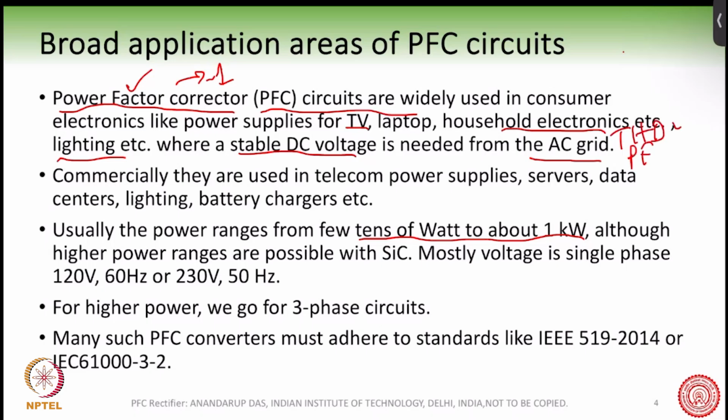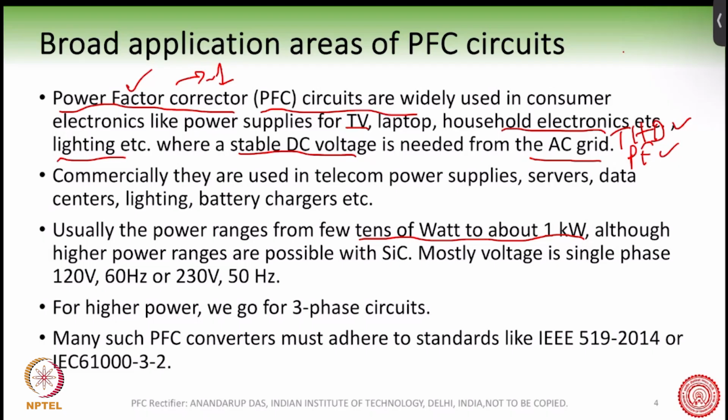Thirty years back, power factor was important, but THD was not so strict. But now, with the rapid growth of many electronic items that we use in our daily lives, almost all of them come with this kind of stringent requirement.